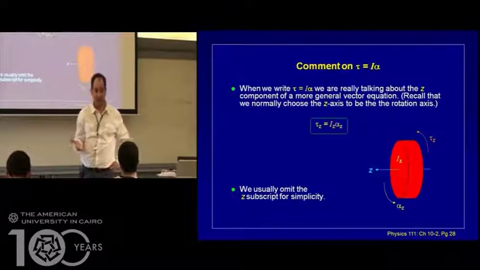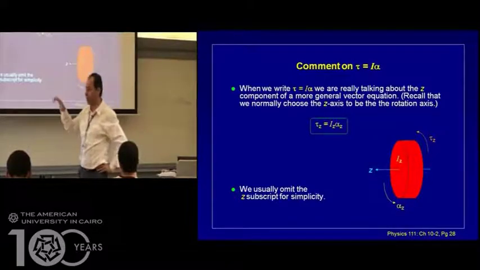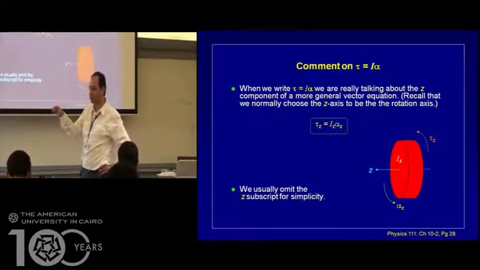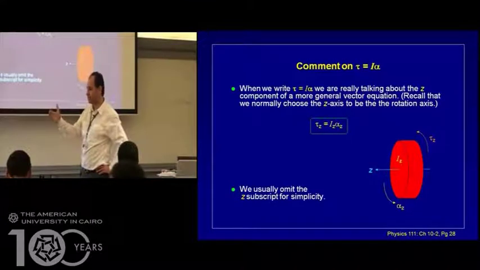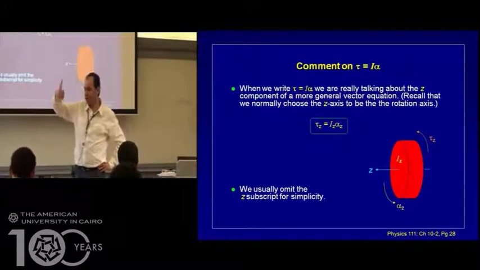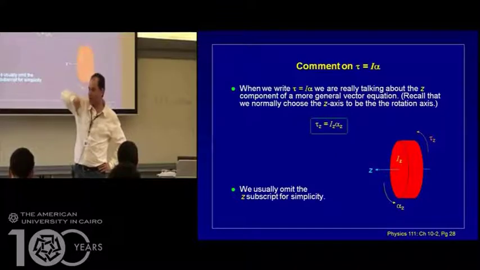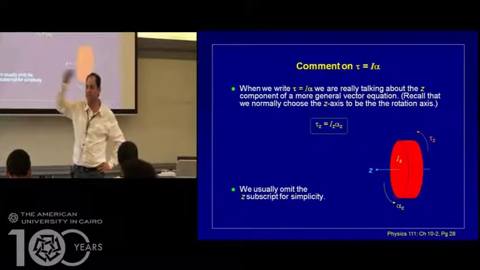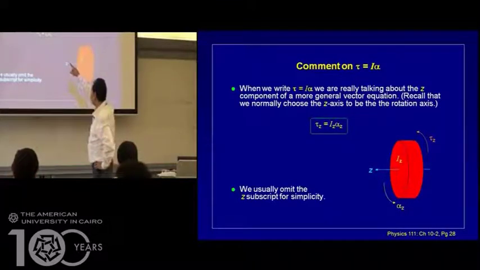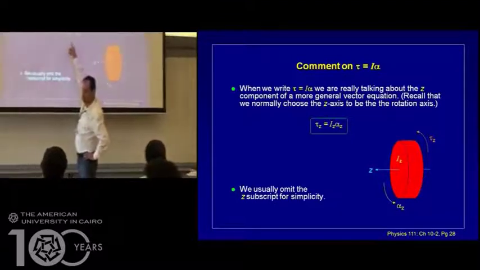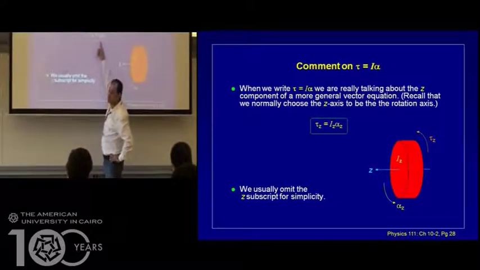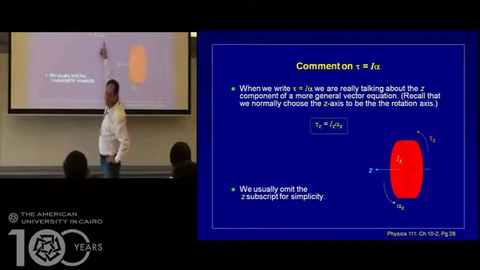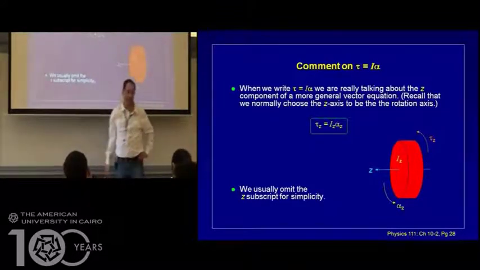If the object rotates that way, this will be the direction of the torque. We use the right-hand rule to find the direction of the torque. And when I say the torque along the z-axis, then I'm talking about moment of inertia around the z-axis, and angular acceleration around the z-axis.